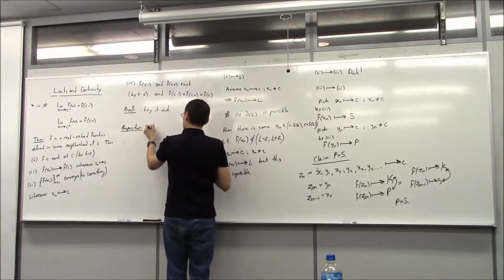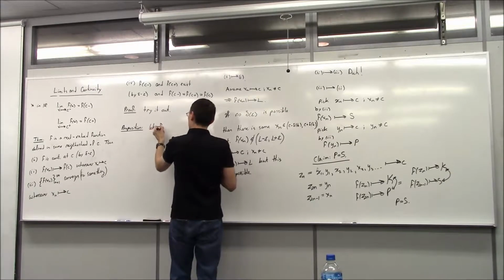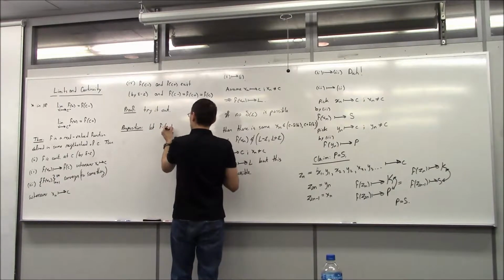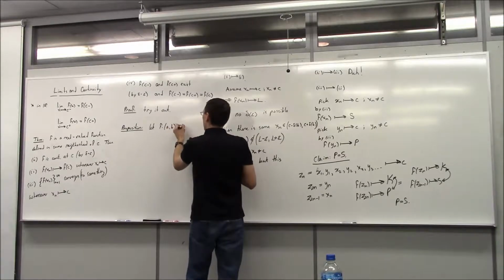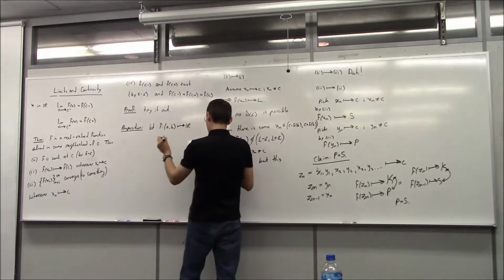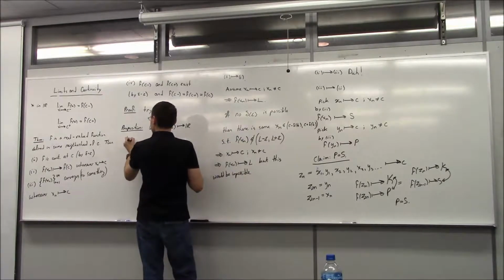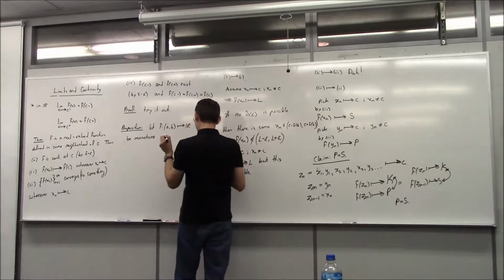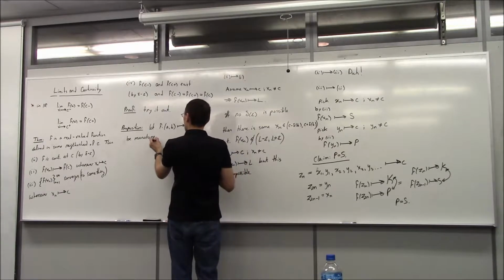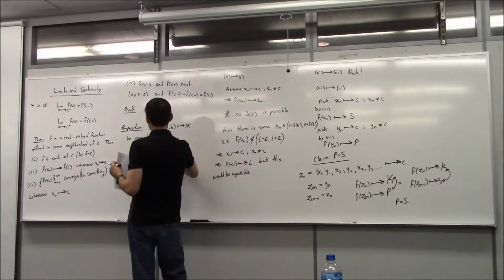So we have: let f be a function defined on the open interval a to b into R, and let f be monotone. So in other words, it's either increasing or decreasing.